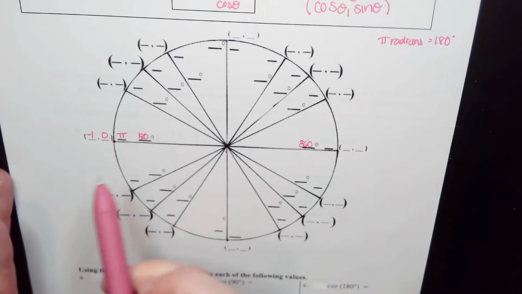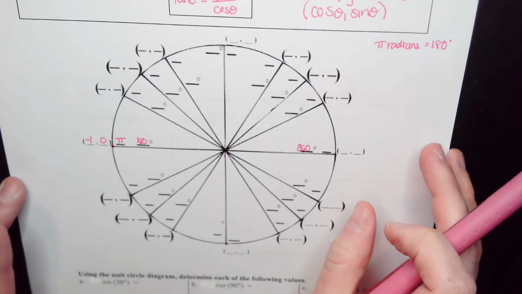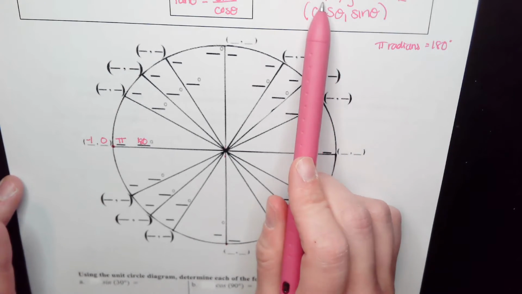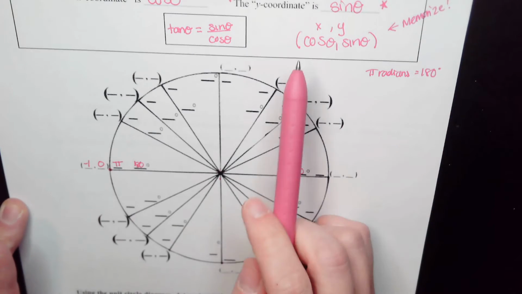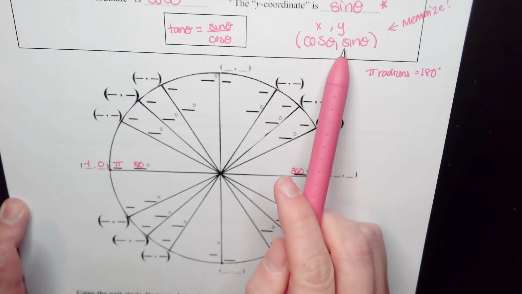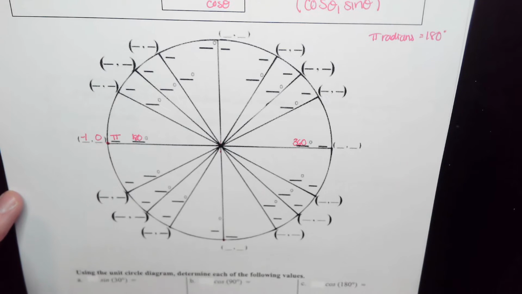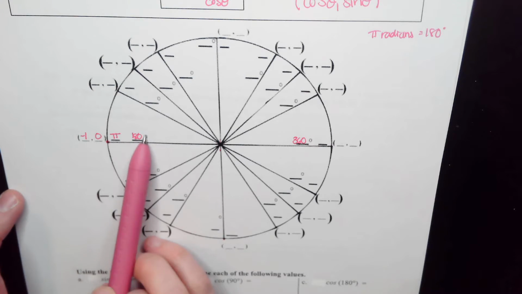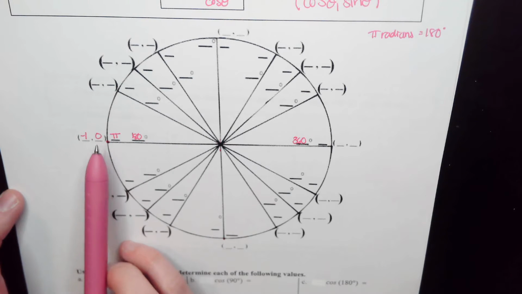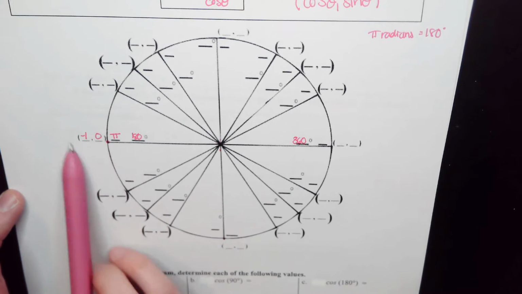So what that means is, since the ordered pair is cosine comma sine, think x comes before y in the alphabet, c comes before s in the alphabet. X before y, c before s. So that tells me that the cosine of 180 degrees is -1, and the sine of 180 degrees is 0. That's what this ordered pair tells me right here.